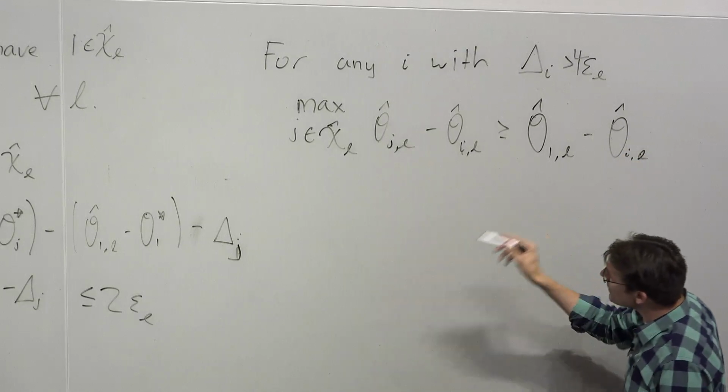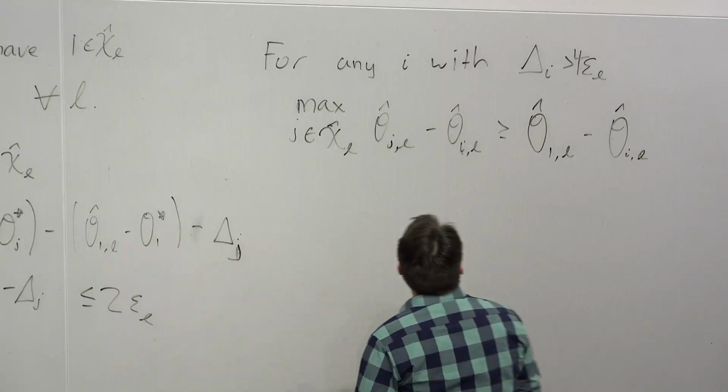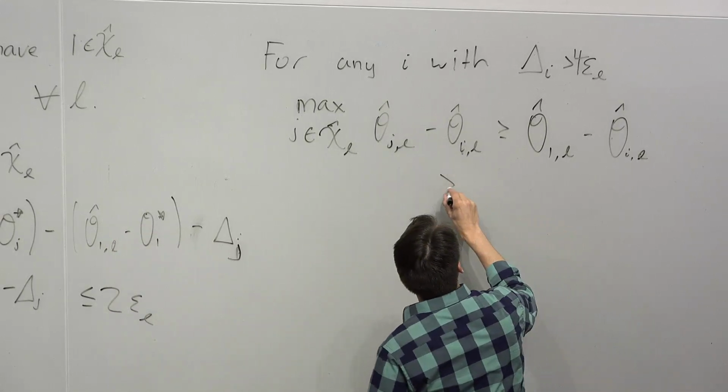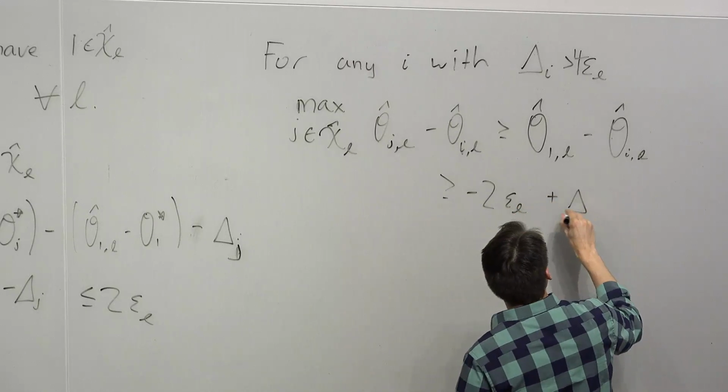And by the same sequence of steps of adding and subtracting the true means, I can get that this is at least equal to minus 2 epsilon L plus the gap.